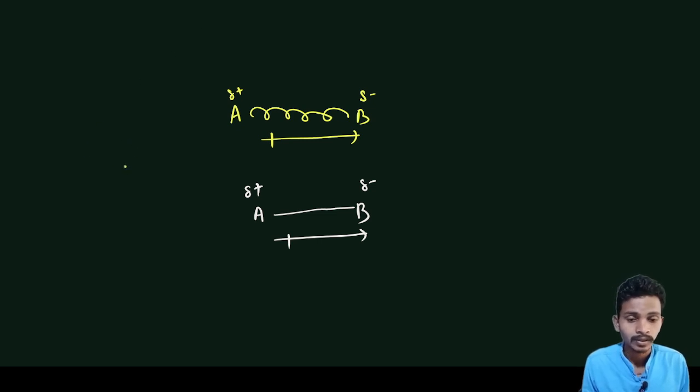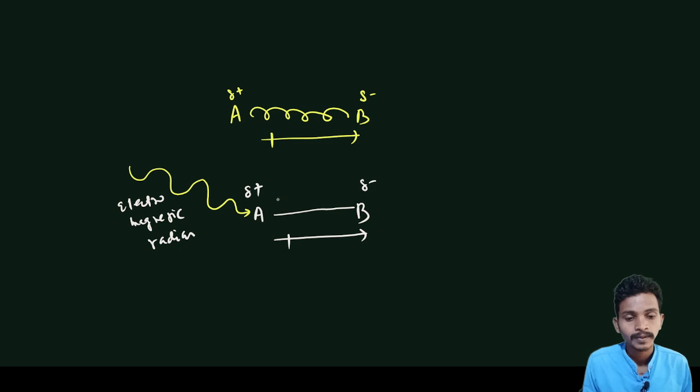Now if this molecule is here and you are giving any electromagnetic radiation to it, like in rotational spectroscopy, then what happens is that if the molecule has some energy, it is vibrating like this, maybe from this to this.